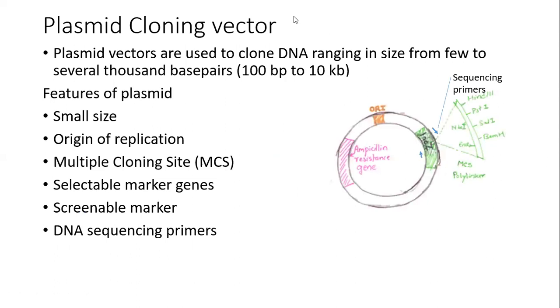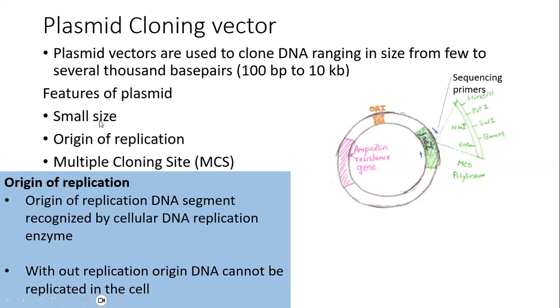So firstly, we'll start with the discussion on plasmid DNA. These are used to clone the foreign DNA molecule, which ranges in size from about 100 base pairs to about 10 kilobase pairs. Some of the typical features of the plasmid vectors are mentioned.